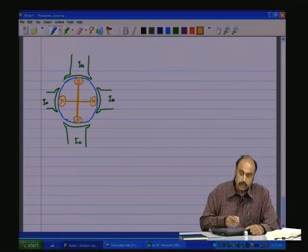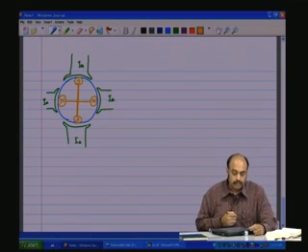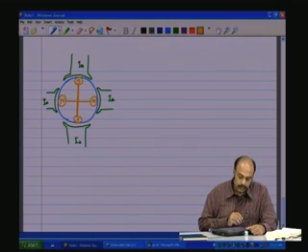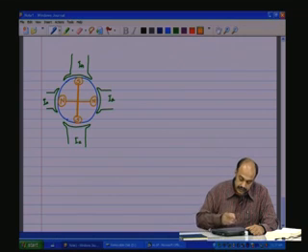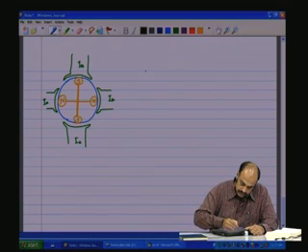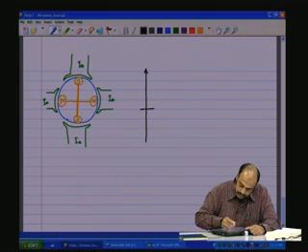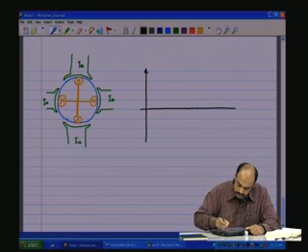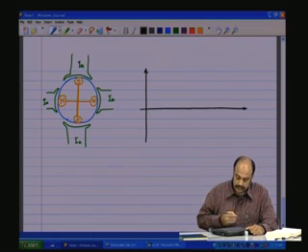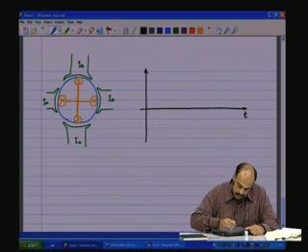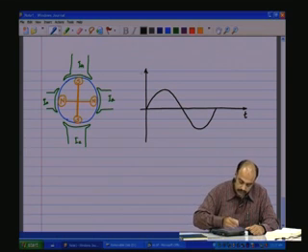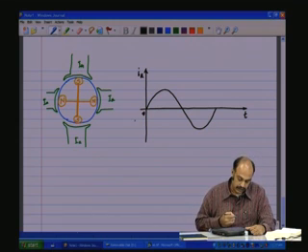So north, south, it alternates throughout the whole circumference. Now let us have the IA current also. This is IA current at this point.